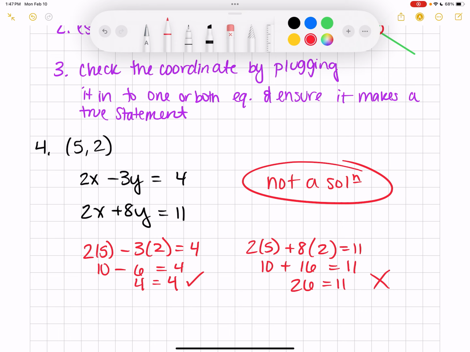All right. Graph and check. It says to solve the linear system by graphing and check your solution. On the quiz or the test, I may or may not require you to check it. It just depends. Read the instructions to know. But for your homework, you need to check them all, one for practice and two to make sure that you're doing it right.